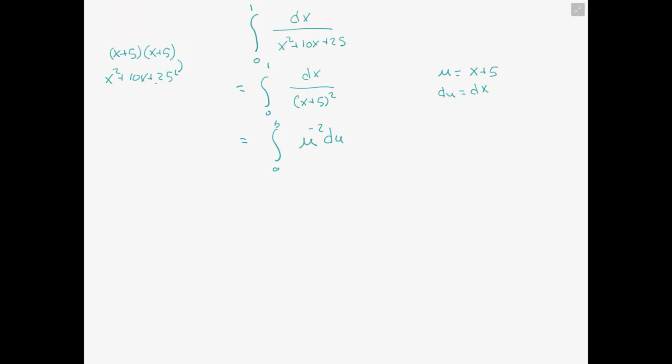We can use a u substitution: u equals x plus 5, so du equals dx. And then we have a simple integral from a to b of u to the minus 2 du.